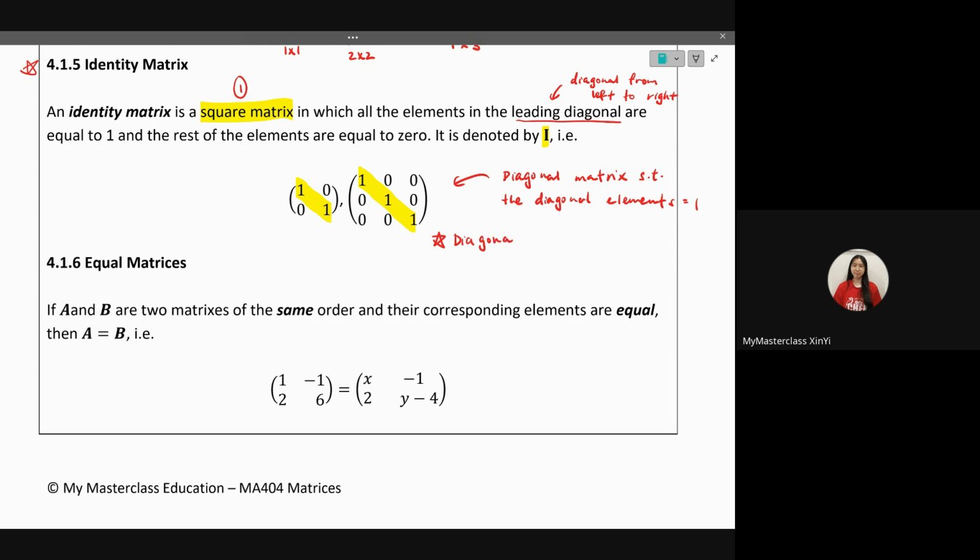First condition, such that all the entries outside of the leading diagonal would be 0. The diagonal entries need not be 1 in this case. It's just that all the entries outside of the diagonal should be 0. So the first thing is it must be a square matrix.